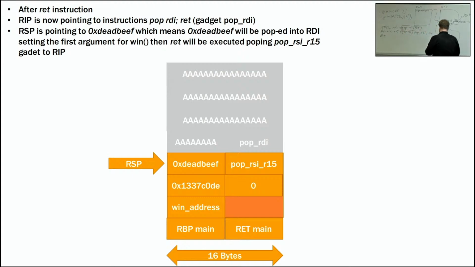Pop RDI ret. What will happen then? So we've already established that deadbeef will be placed in the RDI. Where will the execution continue?